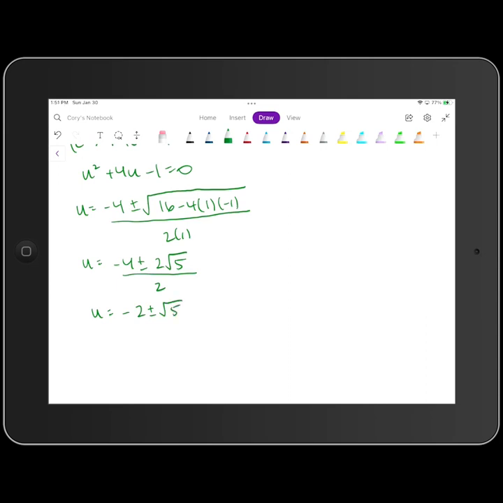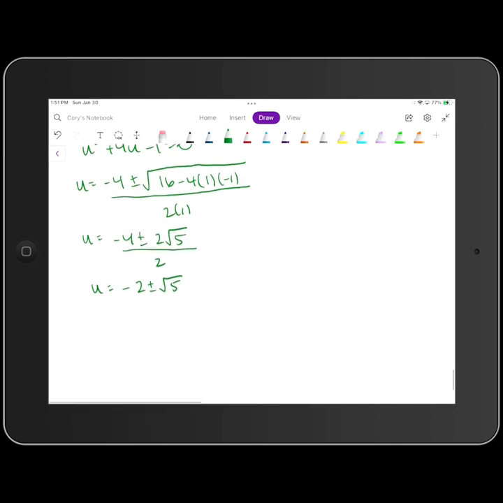But again, we're not done solving this, because we're not solving this equation for u, we are solving for x. So we're going to replace u with e raised to the x power. And there are two solutions for e to the x power. The first one is negative 2 plus rad 5. The second one is negative 2 minus rad 5.